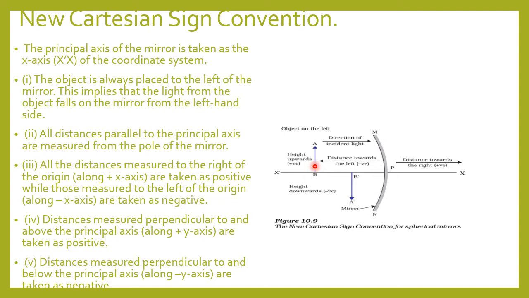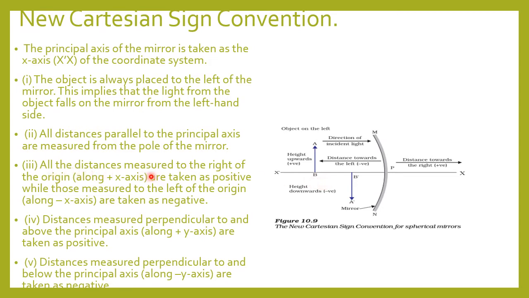Second, all distances parallel to the principal axis are measured from the pole of the mirror. Supposing you have to measure how far this object AB is, you have to measure from P to B. This distance you have to measure, and towards this side it is negative, so it will be minus PB.